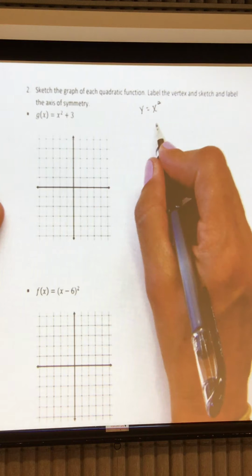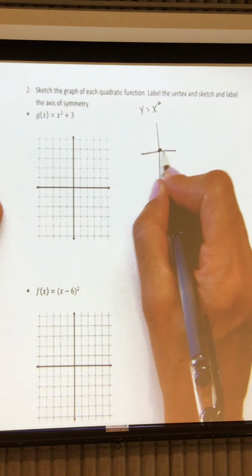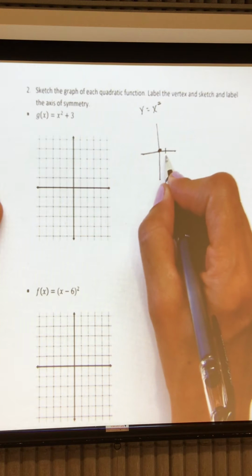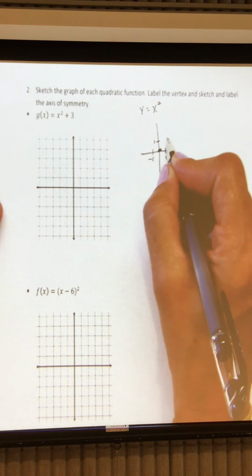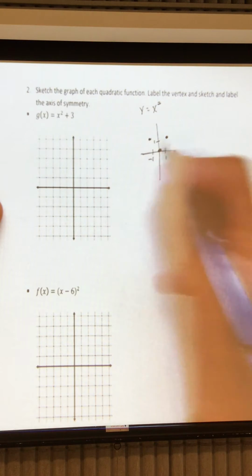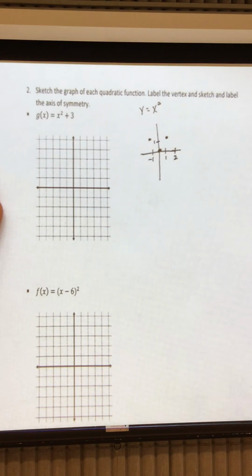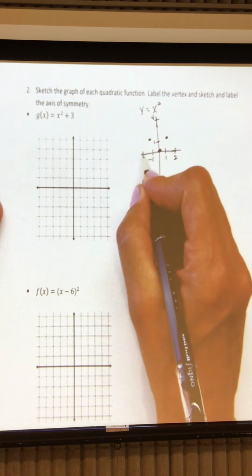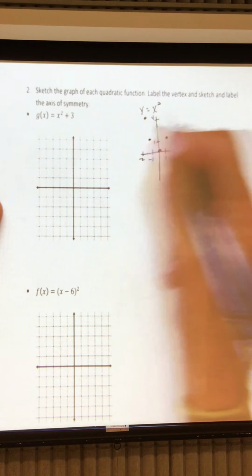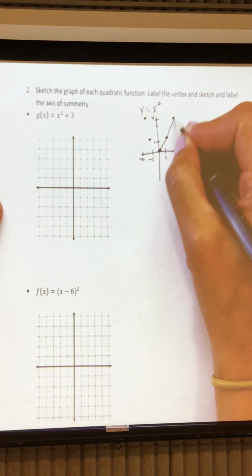And the graph of y equals x squared, we know looks like this: 0, 0. We have negative 1, 1. Here we have 1, so 1, negative 1. When x is equal to 2, we have 4, and negative 2, we have 4. Negative 2, 4. So again, this is our base graph.